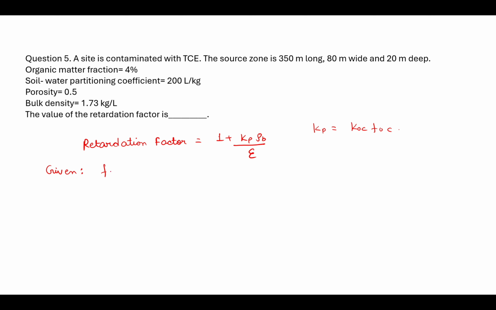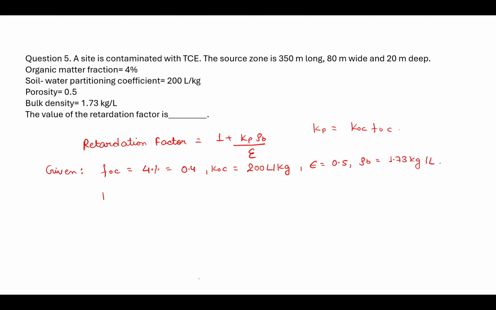The organic matter fraction is given as 4%, so that will be 0.04. We have been given the soil water partitioning coefficient, KOC, as 200 liters per kg. We have porosity as 0.5, and bulk density as 1.73 kg per liter.